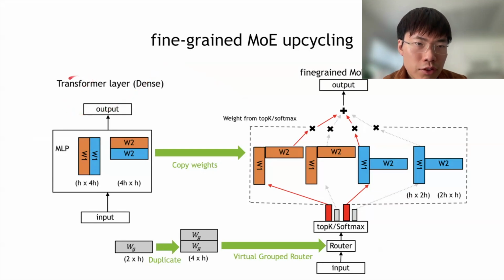On the left, the transformer layer's MLP has the input projection and output projection. We are segmenting the intermediate dimension, and the hidden dimension stays the same. Here I'm segmenting with G equals 2, so I'm segmenting into two parts. The different colors represent two different shards.